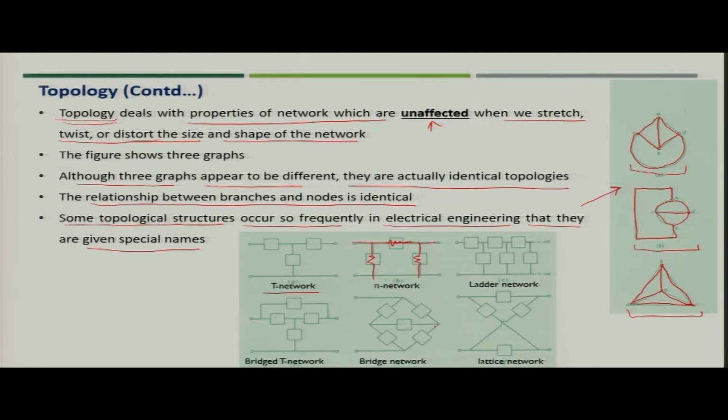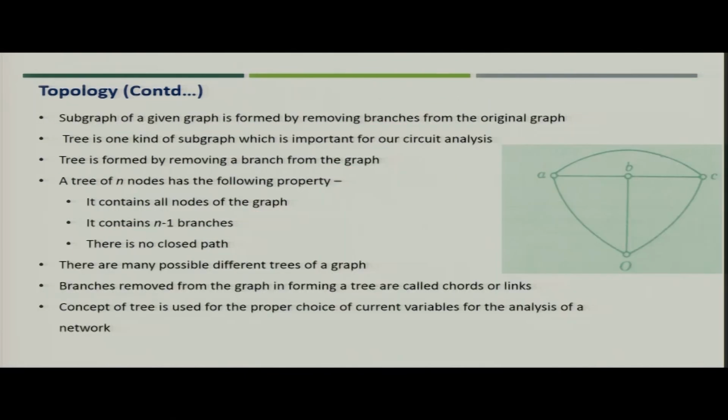Similarly, if it is connected in bridge fashion like this, it is called a bridge network, and this is called the lattice network. So, these are the most common topologies you will encounter in electrical circuits. If you can understand the topological information, it is very easy for you to analyze the circuit.